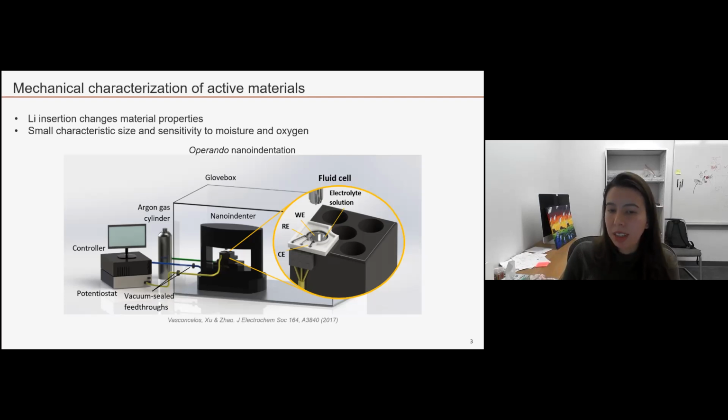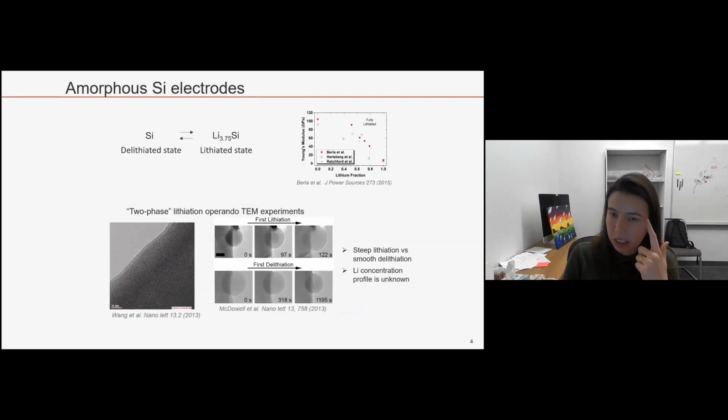At the same time, this indenter is inside the electrolyte so that it allows the cell to operate. That's why we call it operando indentation, because we allow the cell to operate and we allow the reactions to take place here. At the same time, this is connected to a potentiostat so that we can control the rate of the reactions. And that would be very handy. So this is our study.